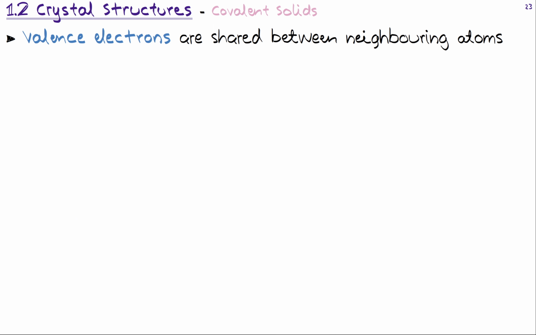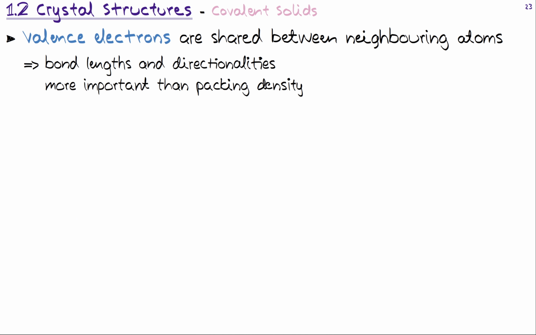Energy is being minimized, so it's favorable for many atoms to actually form a solid and not be remaining in individual states. And here in these processes, because we do have valence electrons, it's actually the bond lengths in the bonds that are being formed between neighboring atoms, and the directionalities that are more important than just the packing density.